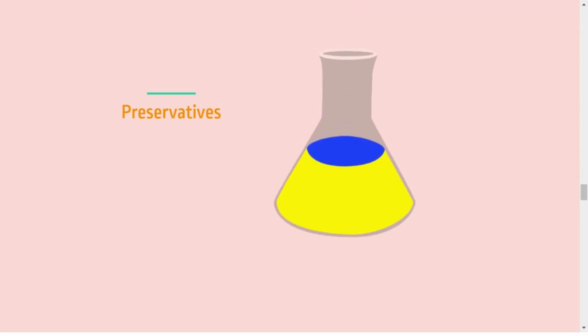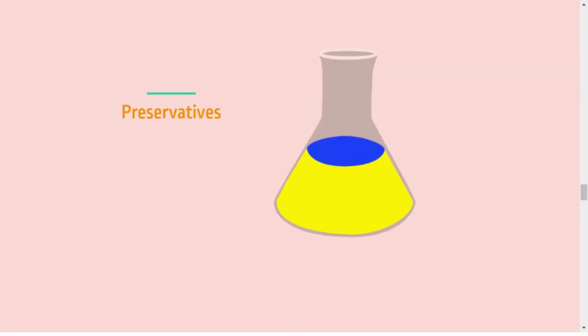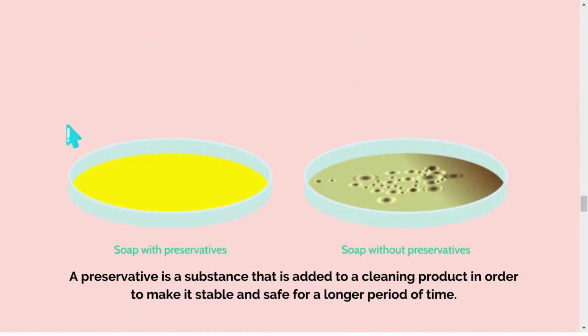It is important that we put preservatives so that they will also not spoil and microorganisms will not grow on our cleaning products. So, a preservative is a substance that is added to a cleaning product in order to make it stable and safe for a longer period of time.